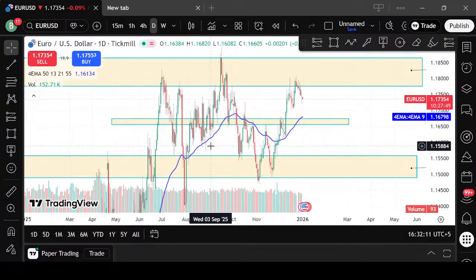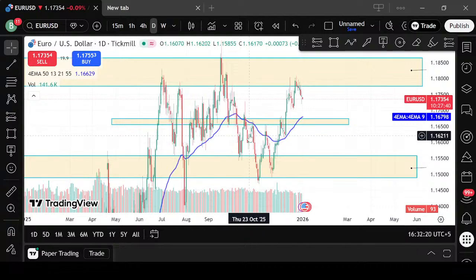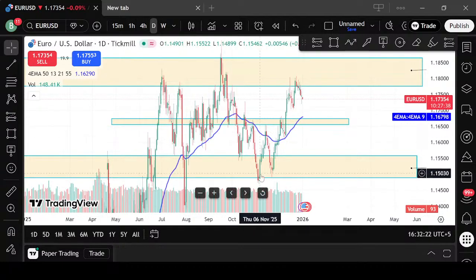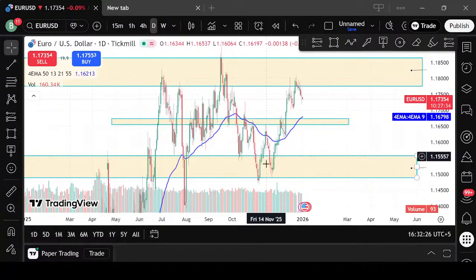Actually, it is the formation of a pattern. If you see here, it goes down from here, then upward, then down. This is the first bottom, then up, then the second bottom. Now it goes up to the same resistance level, then a little bit down and then up.